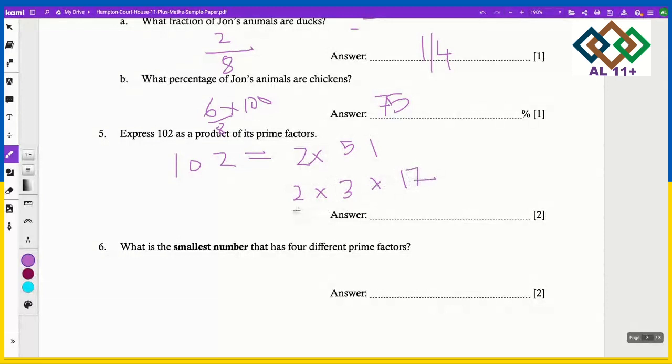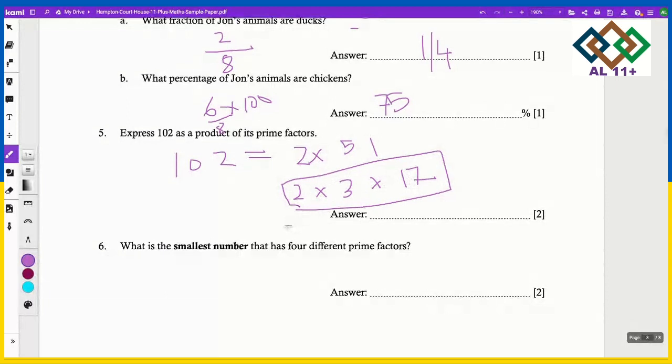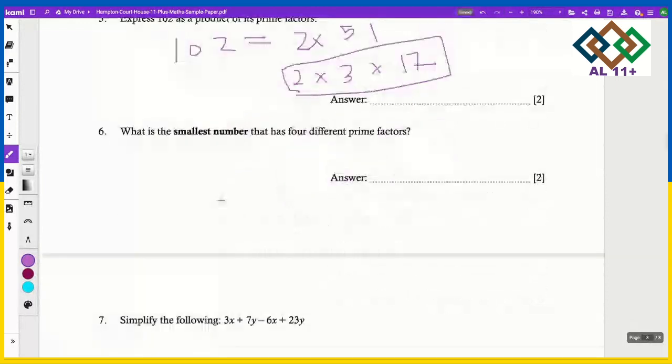So your answer would be 2 multiplied by 3 multiplied by 17. What is the smallest number that has 4 different prime factors? So you will start with 2. 2 multiplied by 3 multiplied by 5 multiplied by 7.